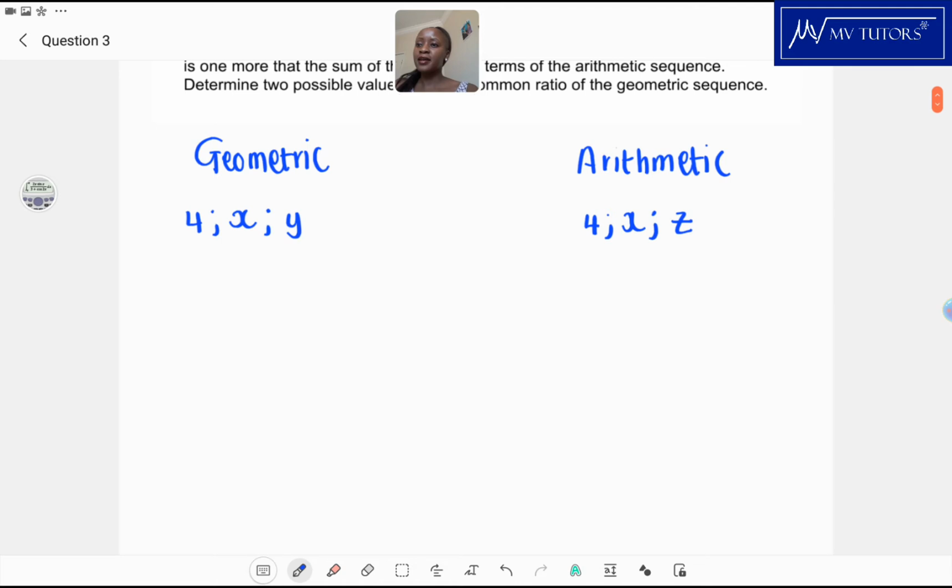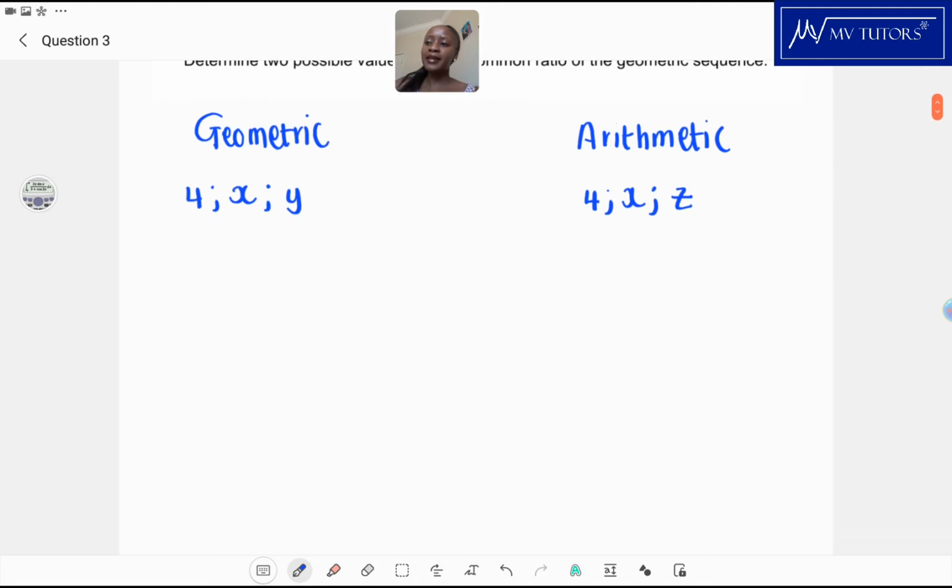So given the info, for the geometric sequence, my common ratio would be x over 4. I'm only going to look at the first 2 terms because they are equal, for both the geometric and the arithmetic. For the arithmetic sequence, my common difference would be x minus 4. Then I can write down my term formula.